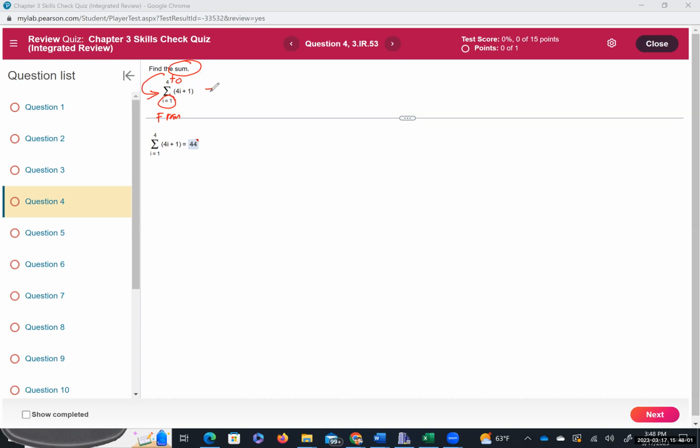So what does that mean? That means you have 4 times i plus 1, here with i equal to 1: 4 times 1 plus 1. All right, this is for the case when i equals 1. And you sum, so you're adding the next term, 4 times 2 plus 1, when i equals 2.